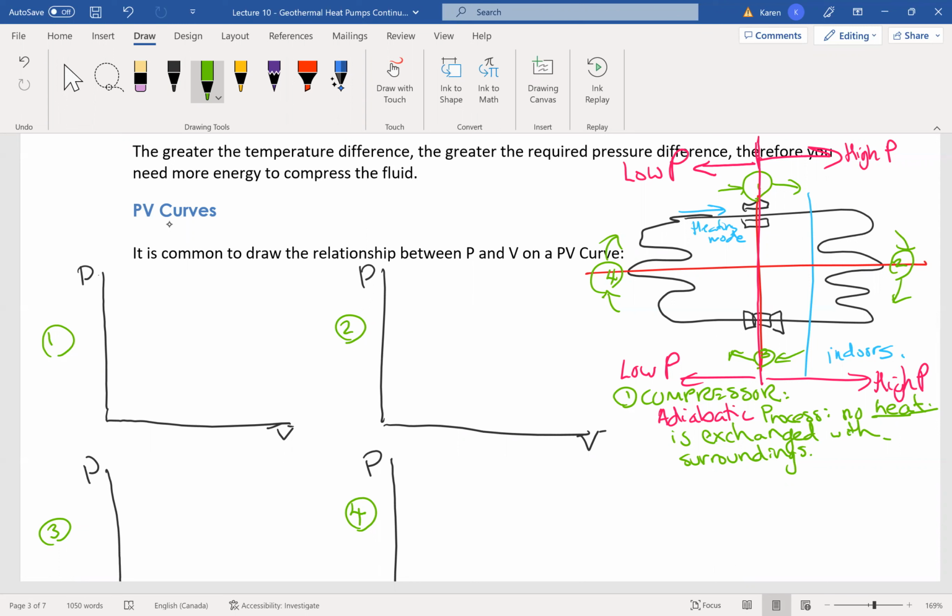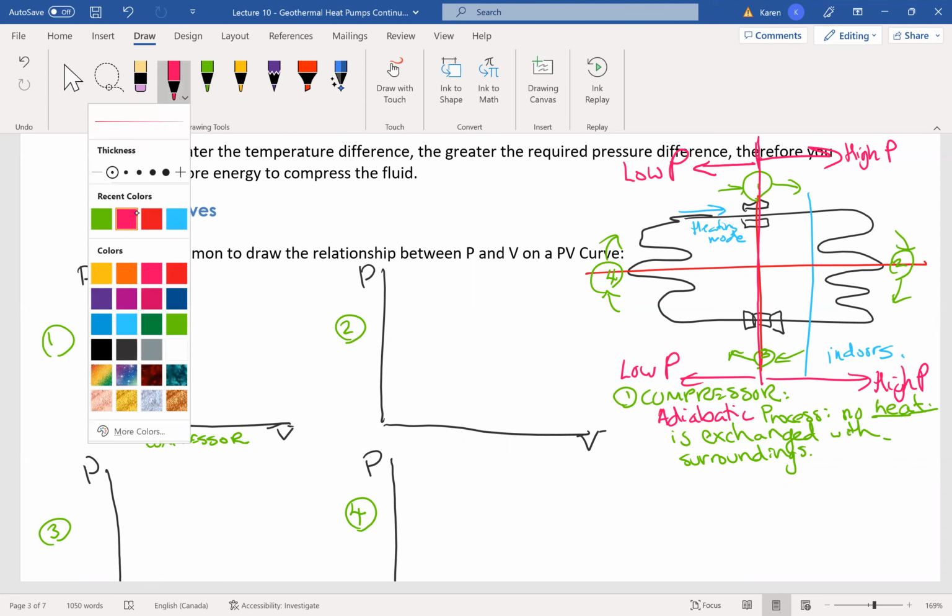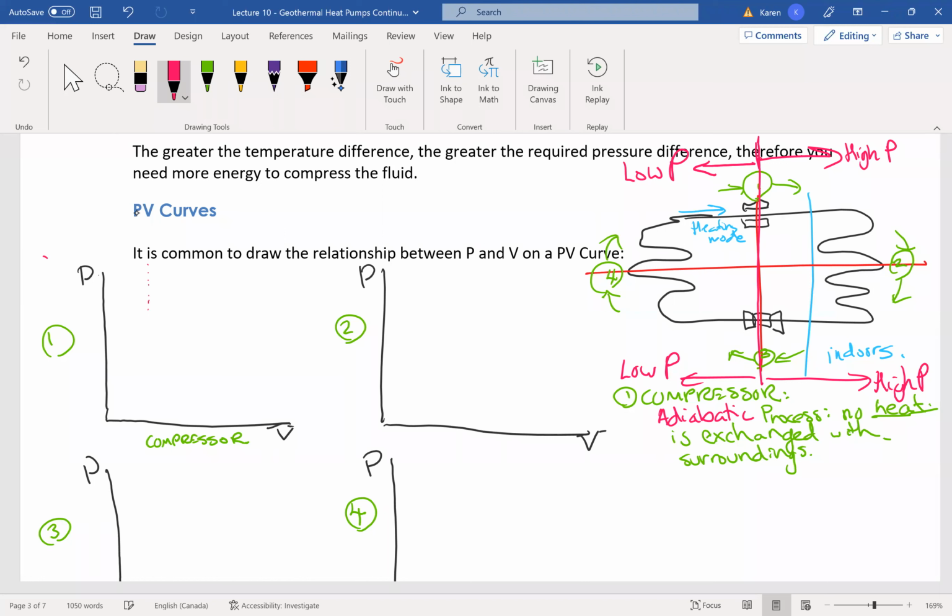So let's say this one here is a compressor. And if we're going to look at the pressure, then the pressure definitely is going to go from a low pressure to a high pressure, right? But the volume has also changed. What has happened to the volume?